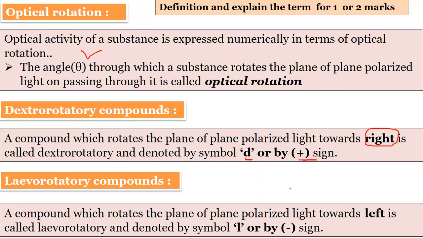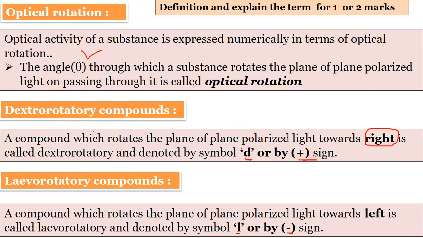Opposite to this, levorotatory is denoted with a small l or minus sign. The minus sign indicates that the plane of plane polarized light is rotated to the left hand side.